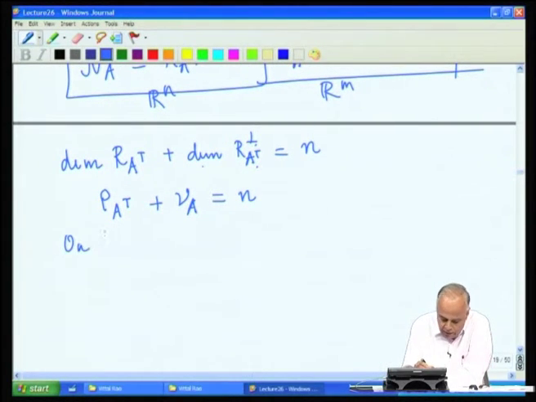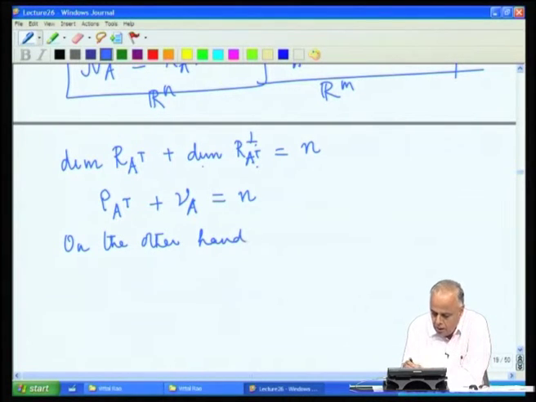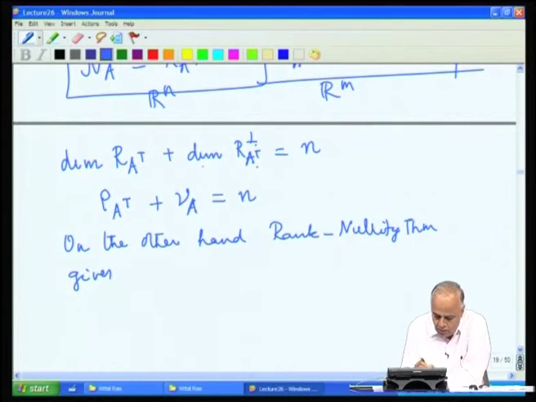On the other hand, the rank nullity theorem gives the rank of A plus nullity of A is equal to n.